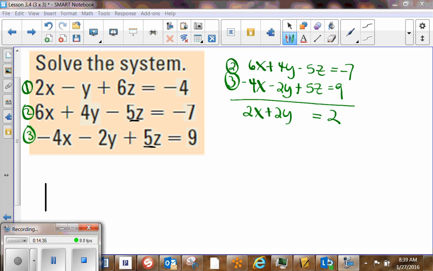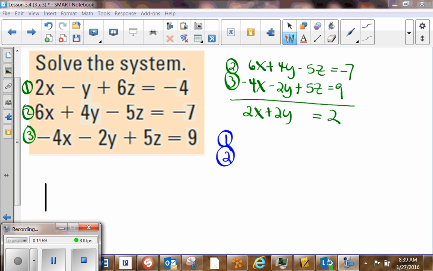All right, now I got rid of the z. So I got to get rid of the z again. So I've got to go back to the original 3 problems and pick 2 other ones to get rid of the z. None of them are going to be easy because all I have is 6s and 5s. So just for grins, I'm going to pick number 1 and number 2.